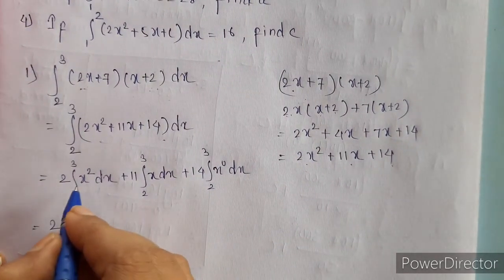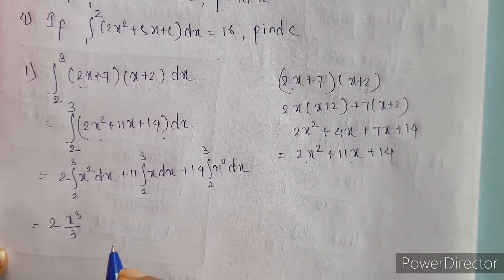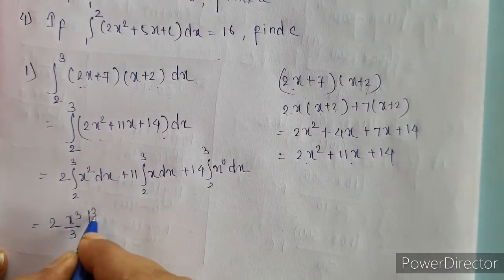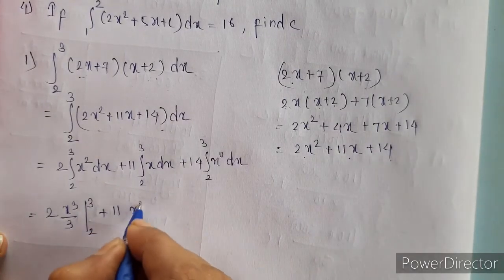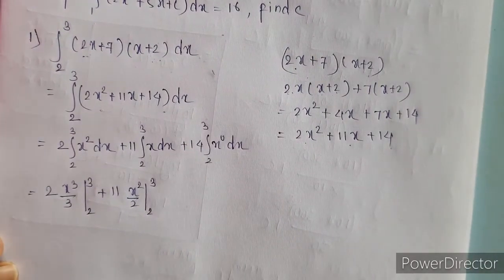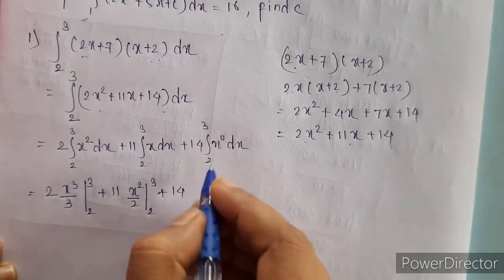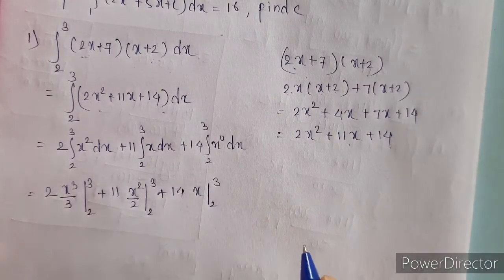So 2 as it is, integral of x square is x cube by 3 from 2 to 3, plus 11 is a constant, integral of x is x square by 2 from 2 to 3, plus 14, integral of x raised to power 0 is x from 2 to 3.